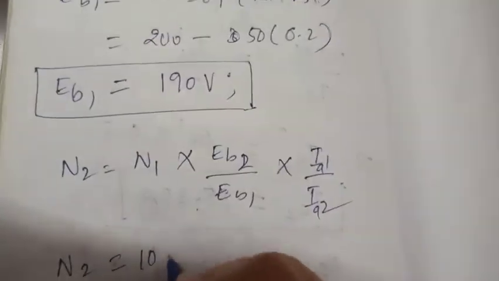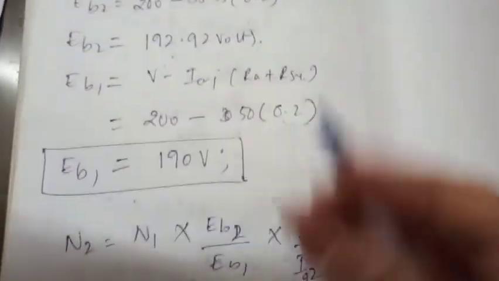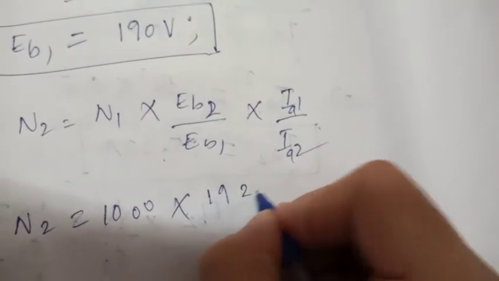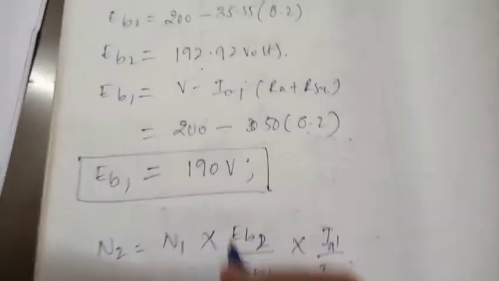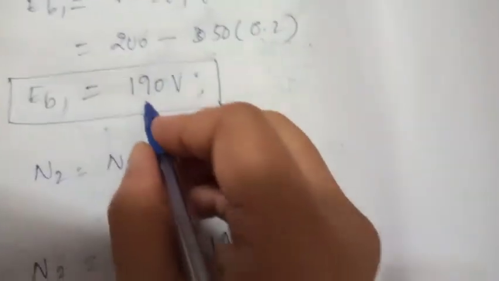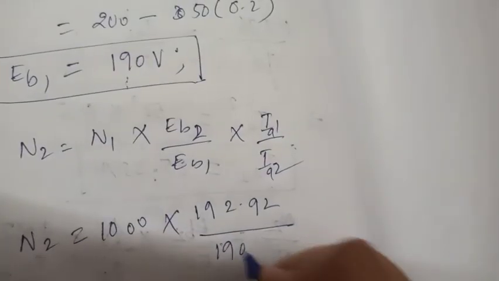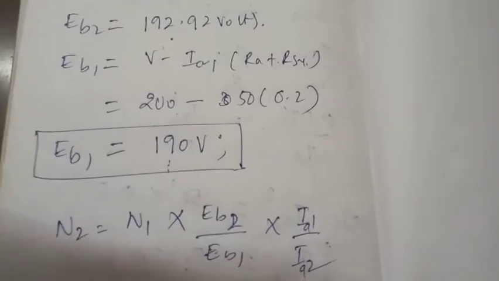So 1000 into EB2 value 192.92 divided by, what is the value of EB1? 190 volts. 190 into, what is the value of IA1? IA1 value is 50 amps, divided by, what is the IA2 value? IA2 value is 35.35.